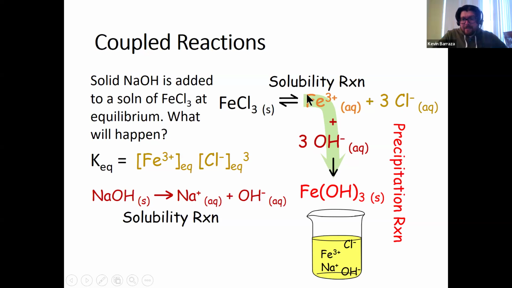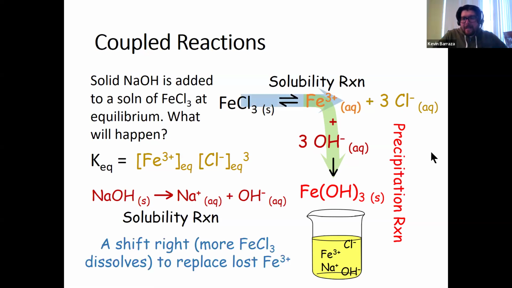It's going to try to fix it. So the reaction will shift to make more product. Yeah, more FeCl3 will dissociate. So we'll have a shift right, more FeCl3 dissolves to replace the lost FeCl3.